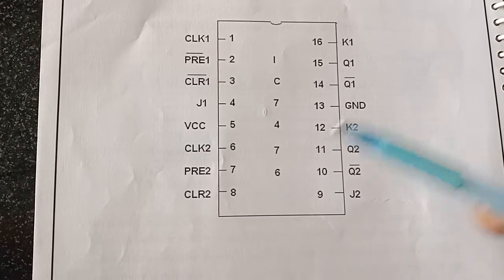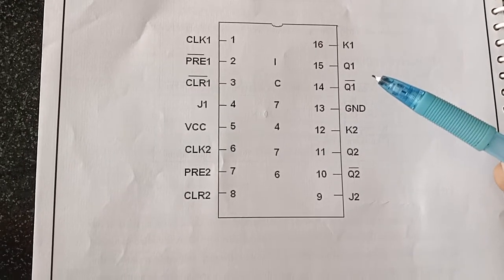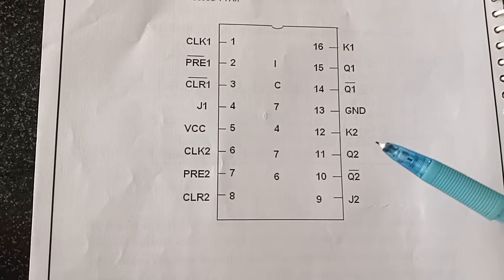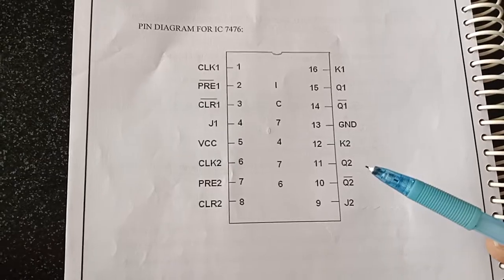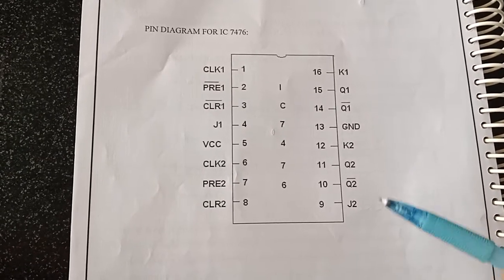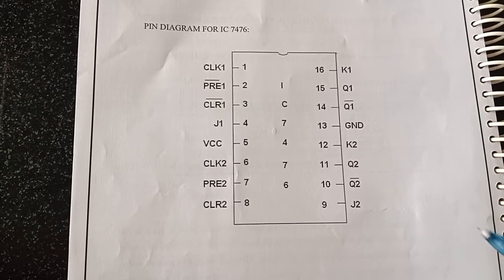The 16th pin is K1, the 15th is output Q1, the 14th is Q1 bar, 13 is ground, and the 12th pin is K2. The 11th pin is Q2, the output of the second JK flip-flop, and the 10th pin is Q2 bar. The 9th is J2. So this IC consists of 2 JK flip-flops.